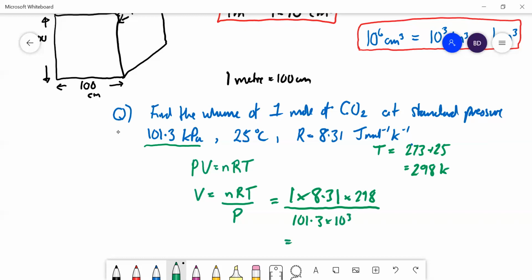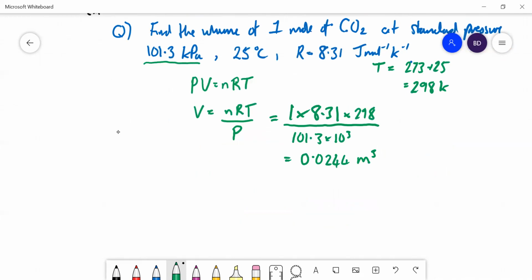So put those numbers into the calculator and we get 0.0244 meters cubed.